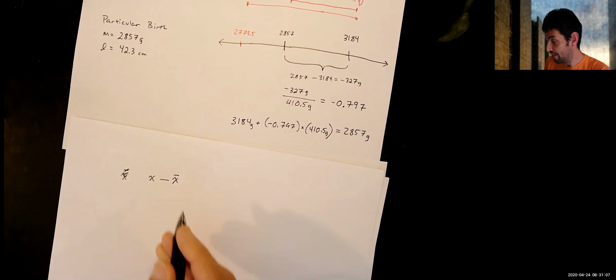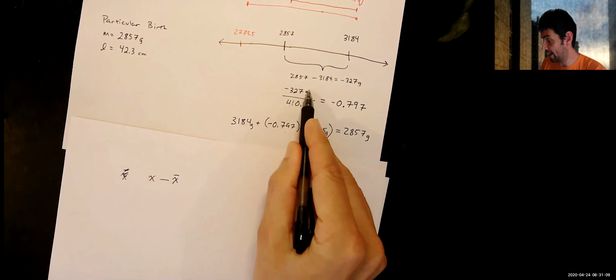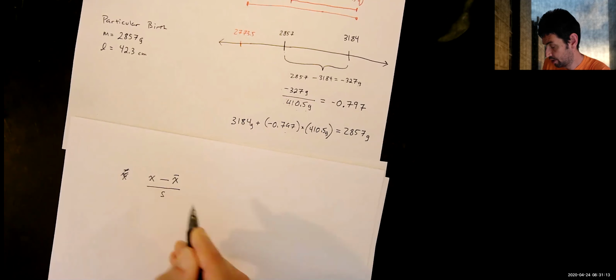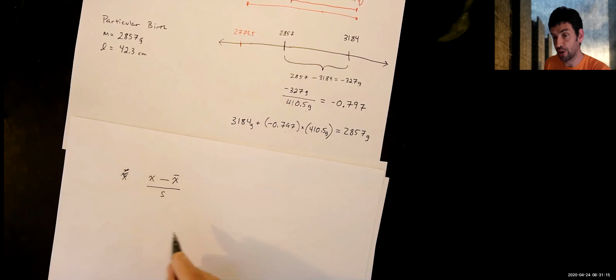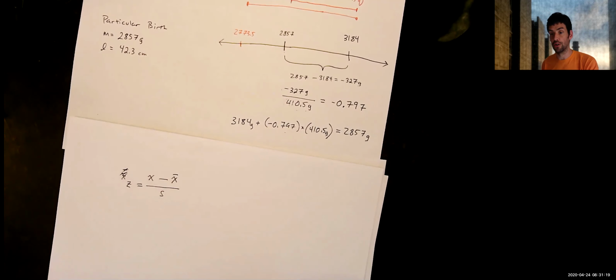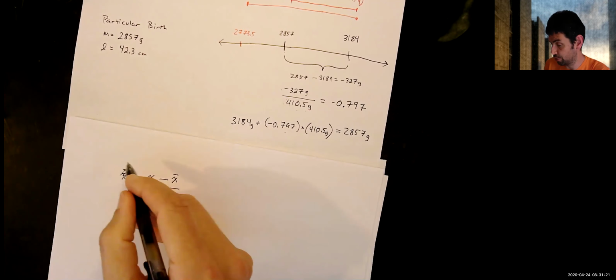Okay. And then I took what I got and divided it by the standard deviation. This is something we call a Z-score. Okay, so we'll often just use Z for this.